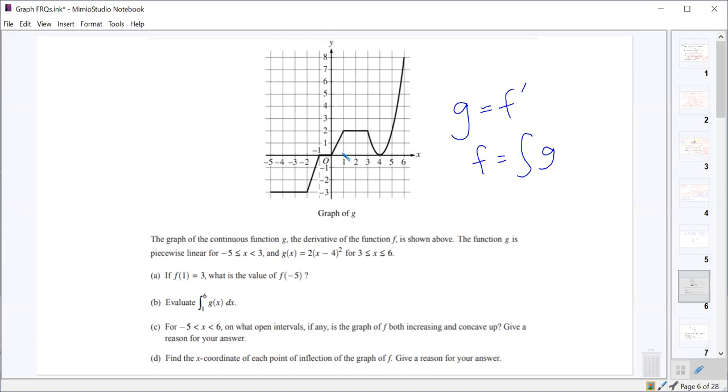And we know that at 1 the value is 3. We want to find the value at -5. So we should be able to write f of x equal to the integral from 1 to x of g of t dt plus what value?